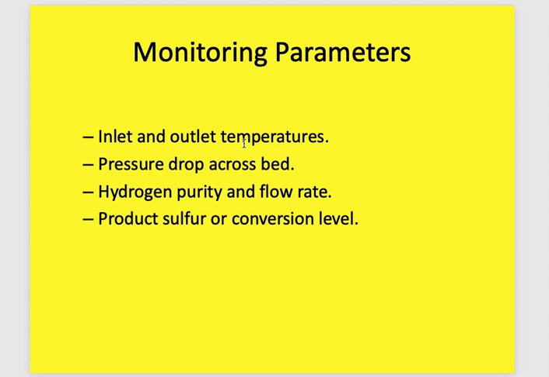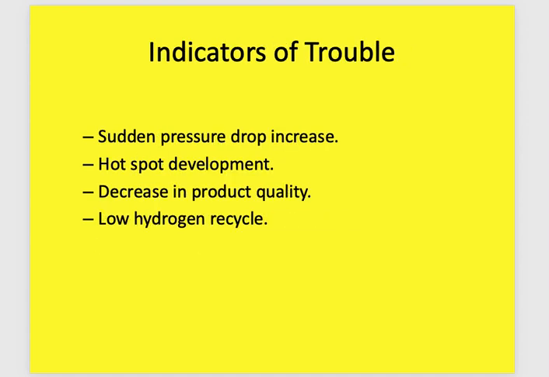Pressure drop across the bed, hydrogen purity and flow rate, which is very important, product sulfur or the conversion level. So monitoring parameters delta P, delta T, hydrogen purity, and hydrogen to hydrocarbon ratio is very, very important when you are evaluating this catalyst inside the fixed bed reactor type.